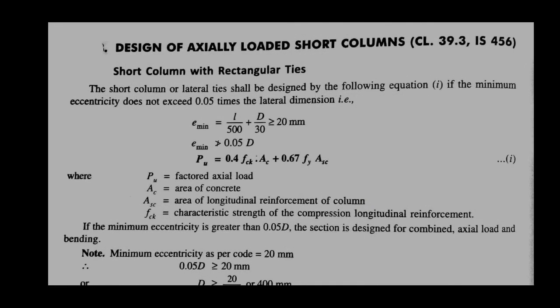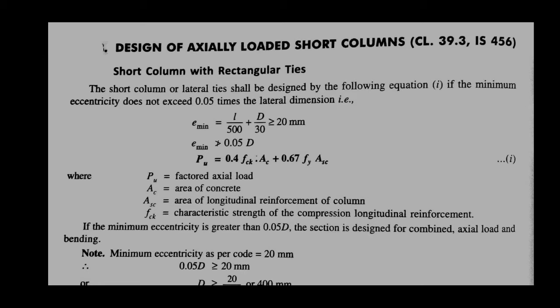Now, see here, whatever we read in IS code is written here for axially loaded short column with rectangular ties. The short column with lateral ties shall be designed by the following equation if the minimum eccentricity does not exceed 0.05 times the lateral dimension.